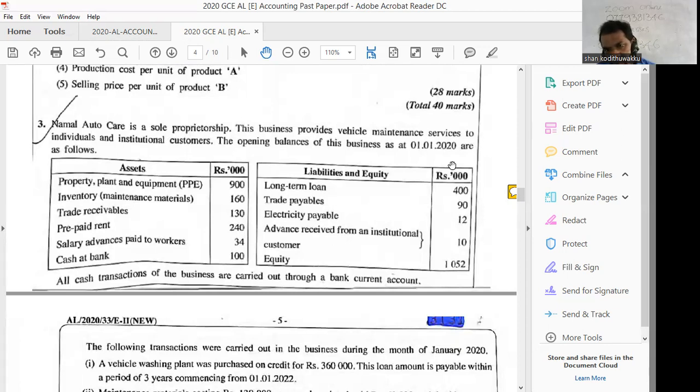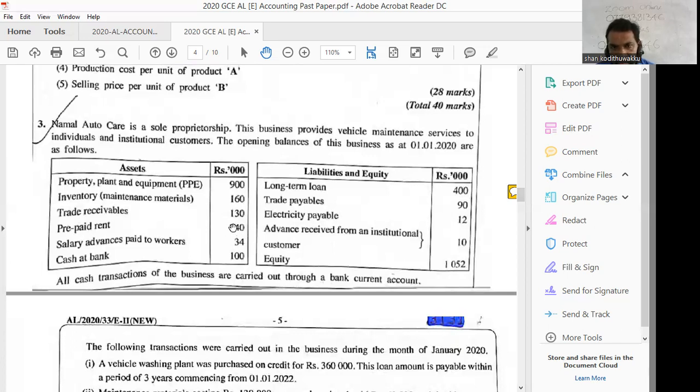As we are given without 3 zeros, that should be 240,000. According to the given information, monthly rent is 20,000 rupees. 20,000 into 12, total should be 240,000. And that means the business has paid total rent relevant to the current year at once. That's why they have put it under assets.